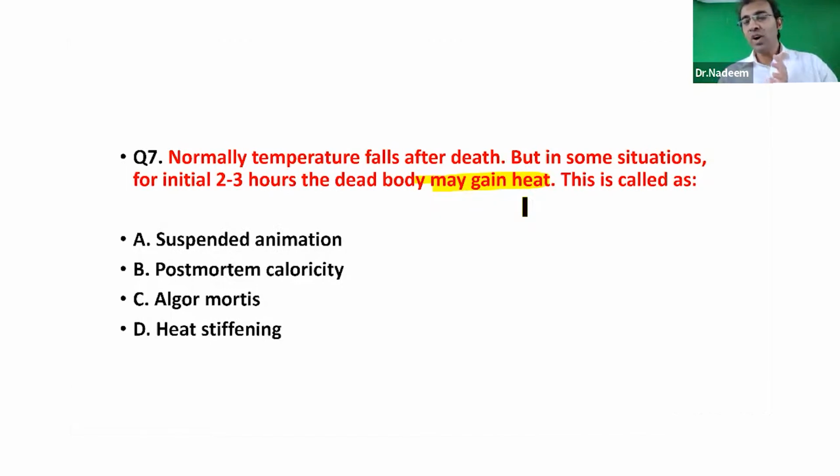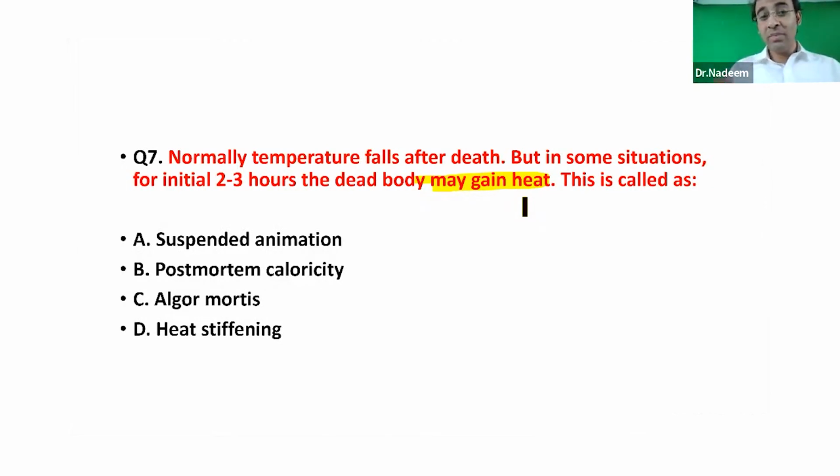Okay, that is called as what? Algor mortis. Cooling of body is called as algor mortis. This is natural. But in some special circumstances, there will be gain of heat. After the death, there will be gain of energy, gain of calorie.